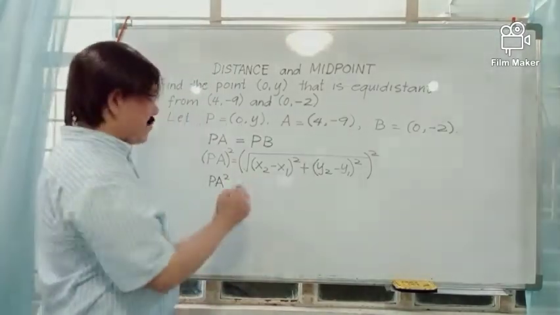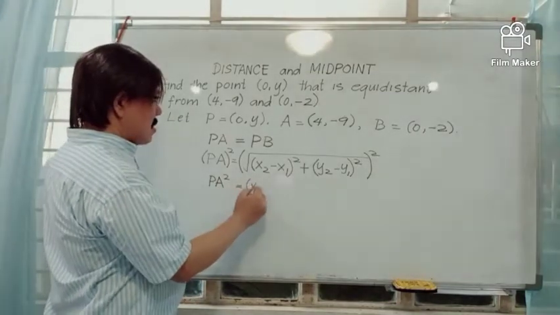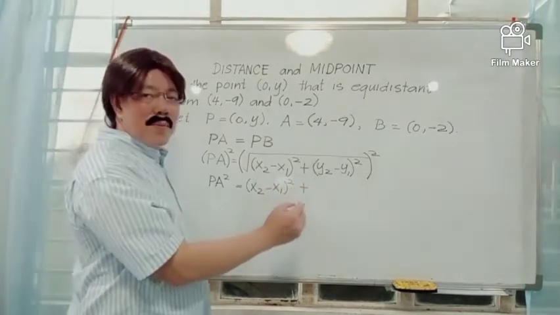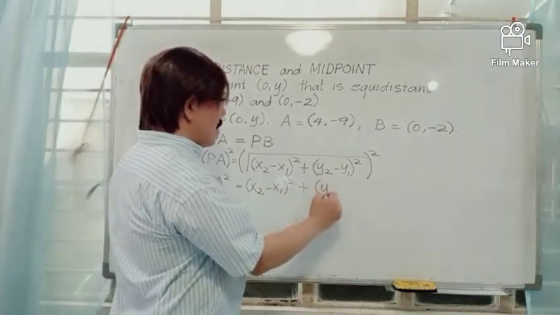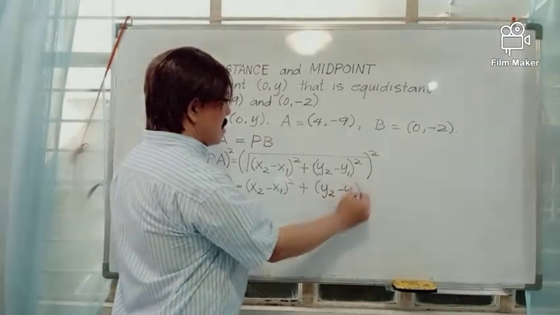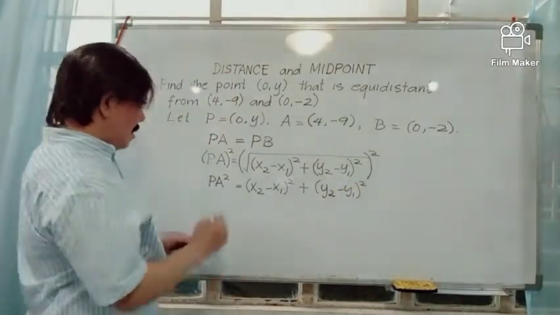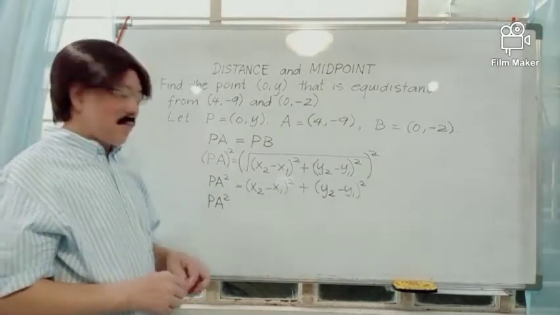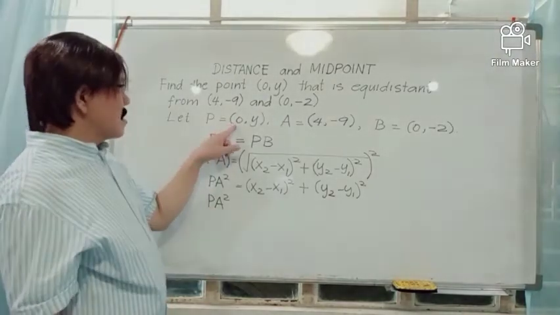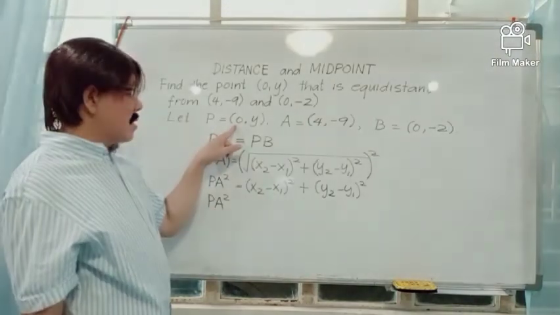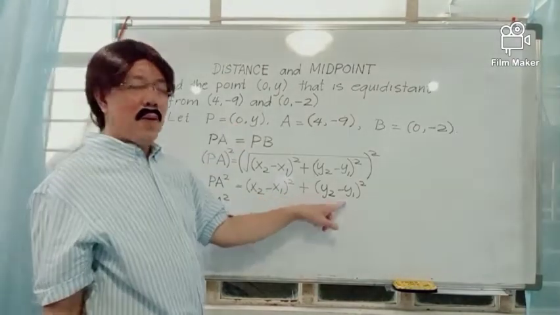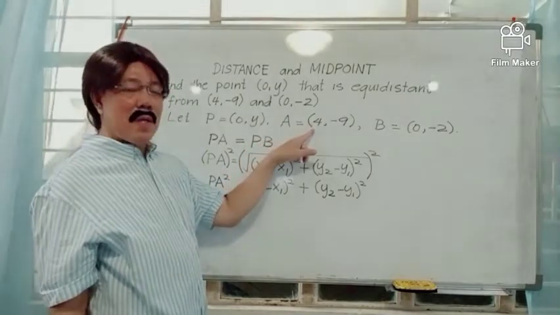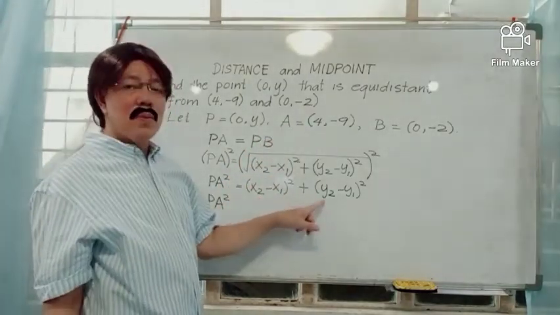So the right hand side simplifies to (x2 minus x1) squared plus (y2 minus y1) squared. Now we substitute the coordinates of points P and A. We take P as the point with coordinates (x1, y1), and we take the coordinates of A as the point with coordinates (x2, y2).